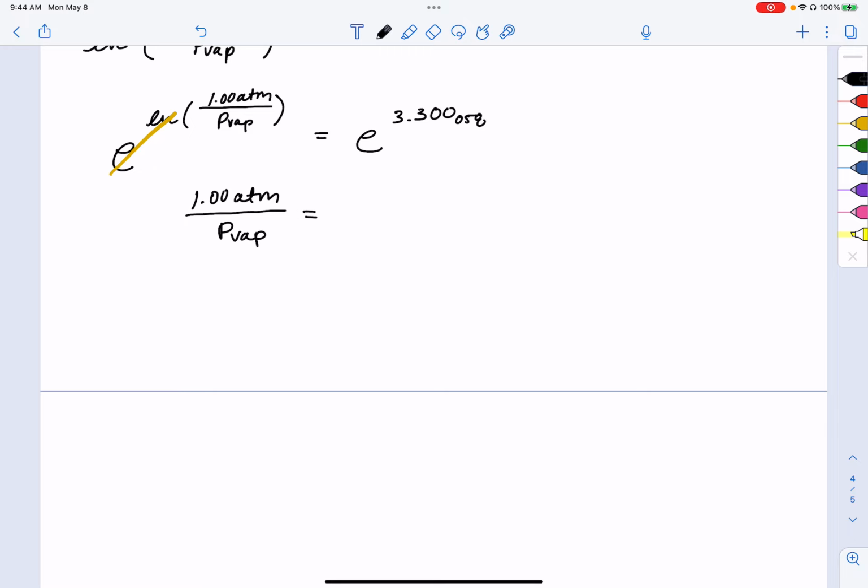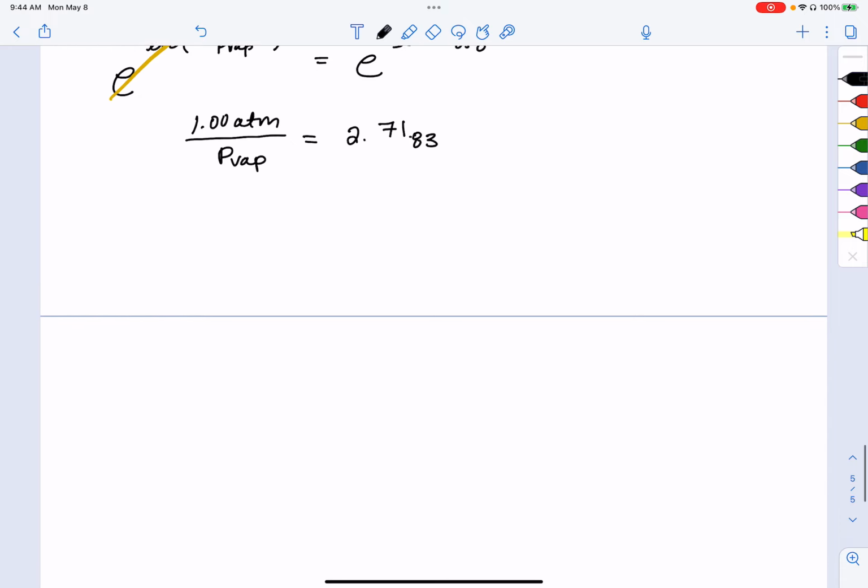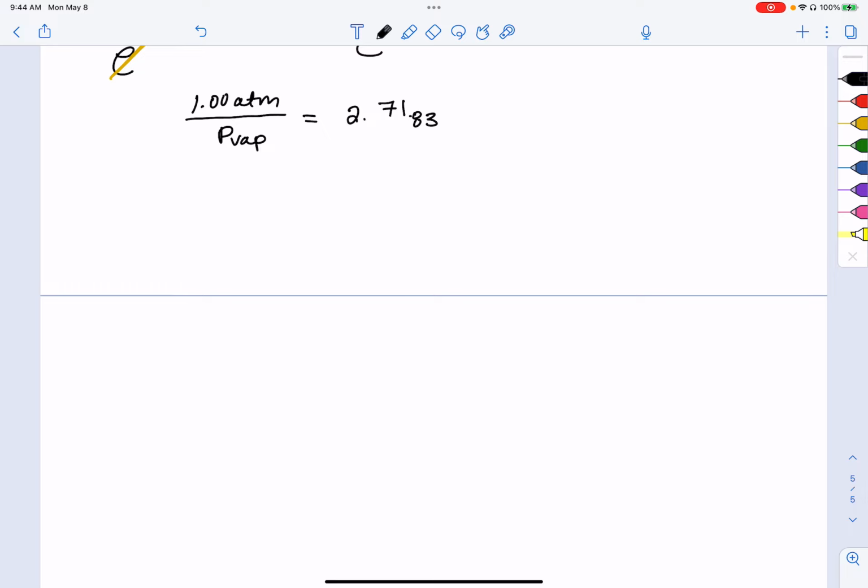Okay, and then we have to do e raised to that number on the right-hand side. This becomes 2.7183. And nice little trick here. Yes, you could multiply p vap over by both sides, but remember, anytime you have the structure of a whole number equal to a fraction, then you can say that the whole number over the fraction is equal to the denominator.